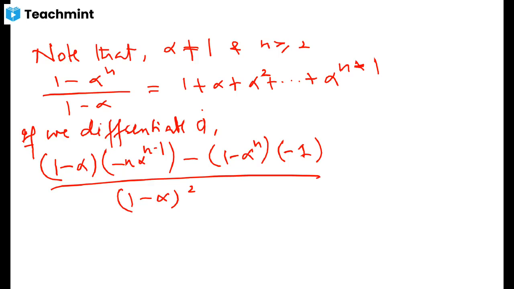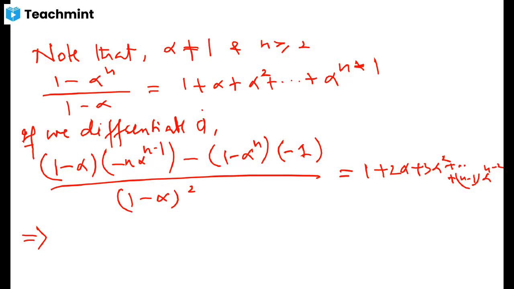Let me adjust first. Right hand side will be 1 plus 2 alpha plus 3 alpha square plus so on plus n minus 1 alpha to power n minus 2. And what will be your left hand side? You can further adjust it. You can make certain changes here.